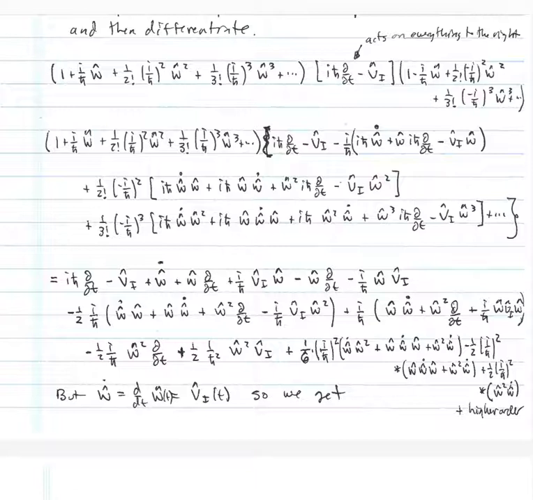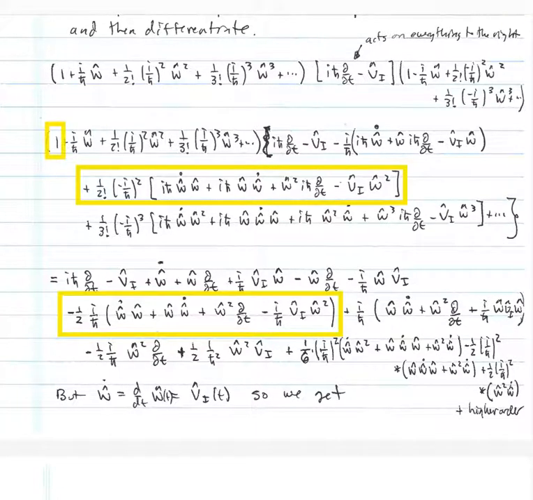We now work on all of the terms that are second order in w. The first terms involve the 1 multiplying the square terms. So those are going to be a minus 1/2 i over h bar w dot w plus w w dot plus w squared d by dt minus i over h bar vi w squared.